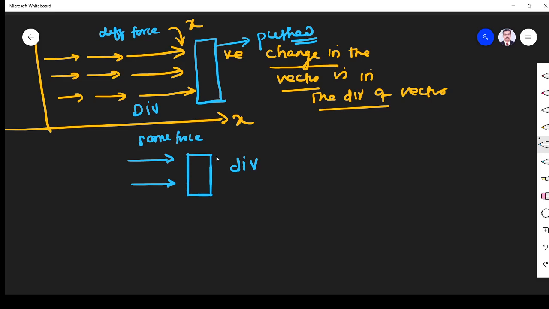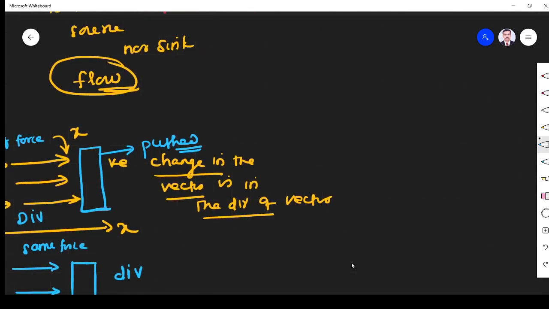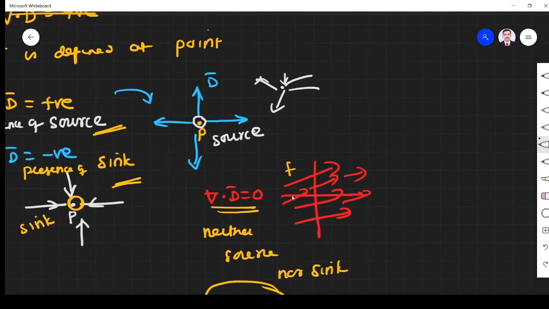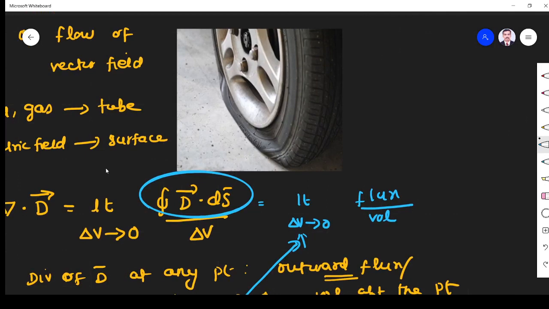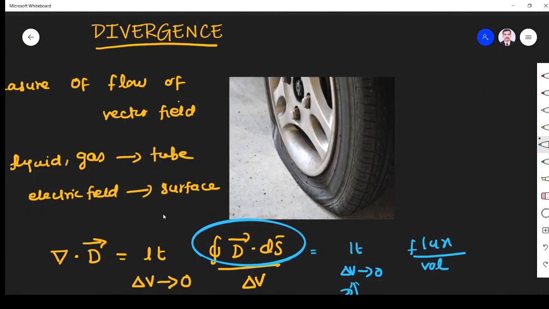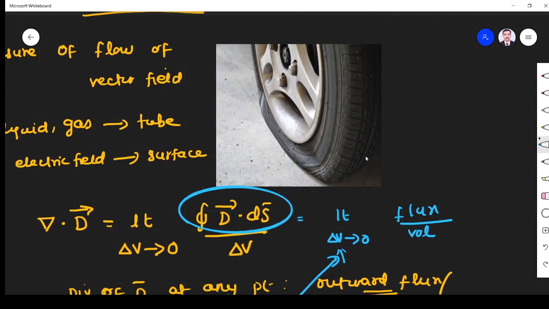So what I want to emphasize here is, for a volume surrounded by a surface, as we have done here, in the equation you see volume enclosed by a surface. Now we come to the conclusion. You see, when volume tends to 0, here del V tends to 0, the flux will be released, outward flux. A punctured tire is the best example to define this equation. Why?